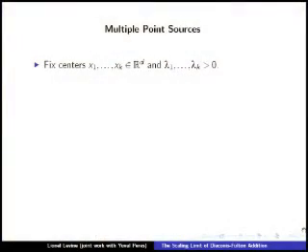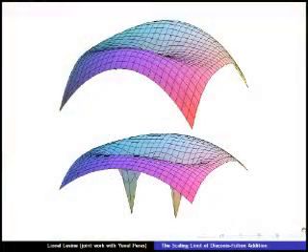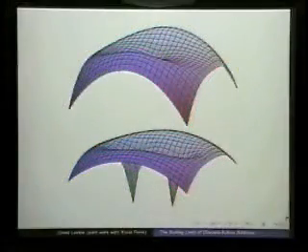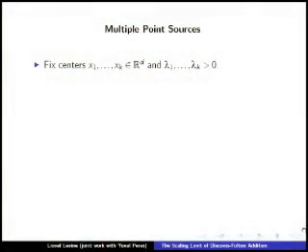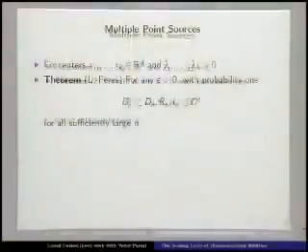Now there are various ways you can try to generalize or modify this result. I'll just talk about one of them, which is the case of multiple point sources. That's like this bottom case here, where we started with 2 point masses. So let's fix some finite set of points x_1 through x_k in R^d and some positive real numbers, lambda_1 through lambda_k.